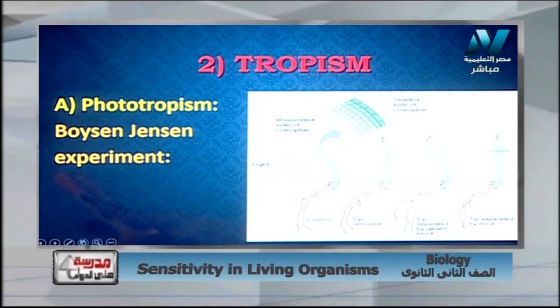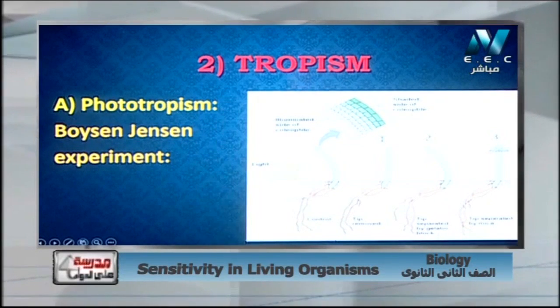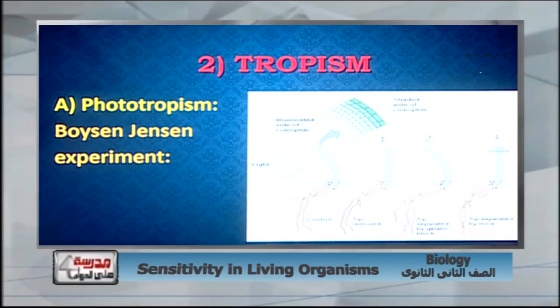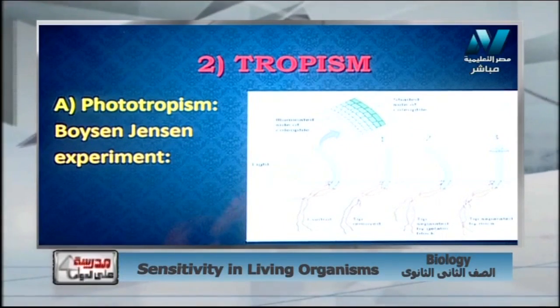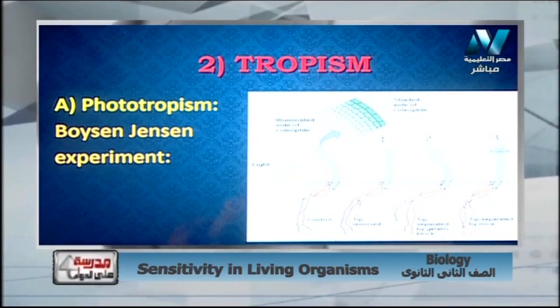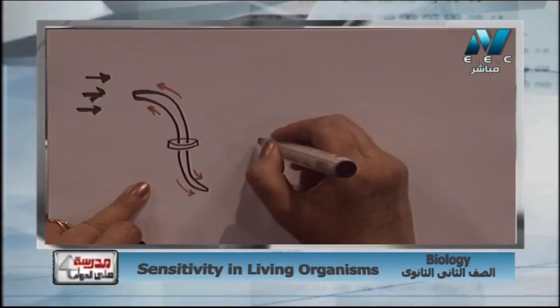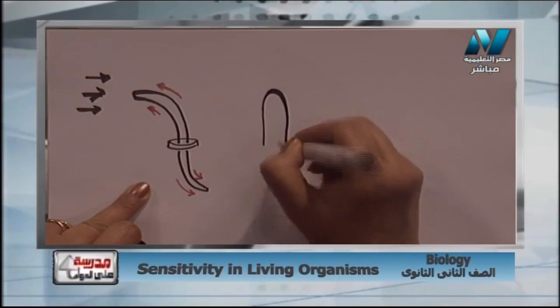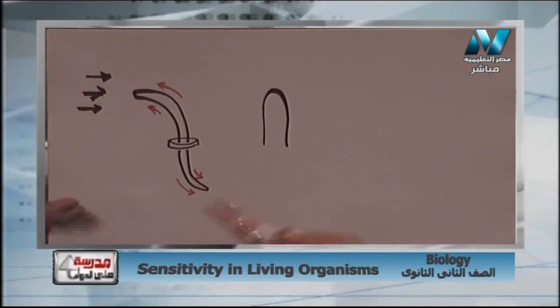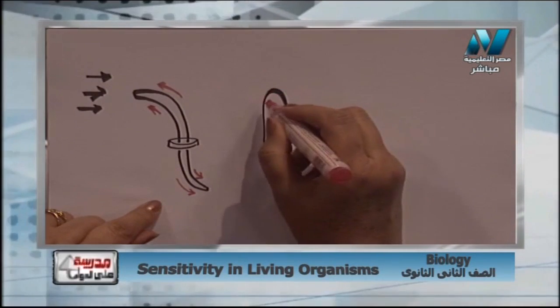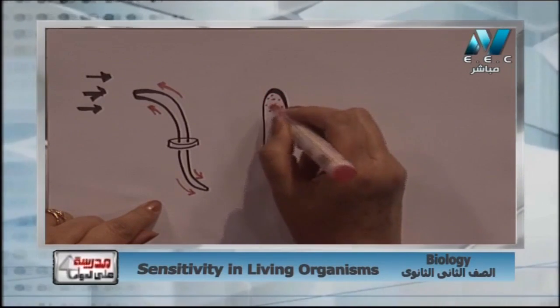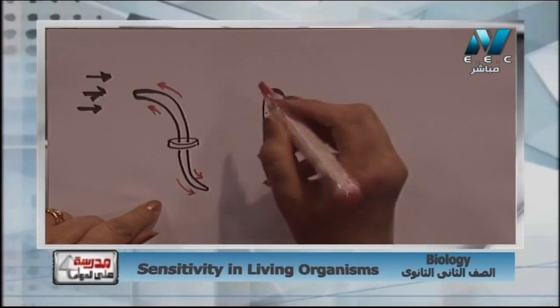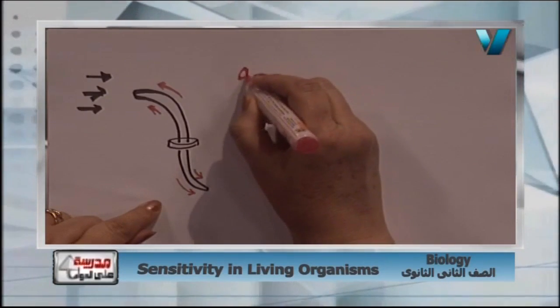Boysen-Jensen explained that experiment, and he said that the tip of the coleoptile contains cells, and these cells synthesize the plant hormone for growth, which is called auxins.